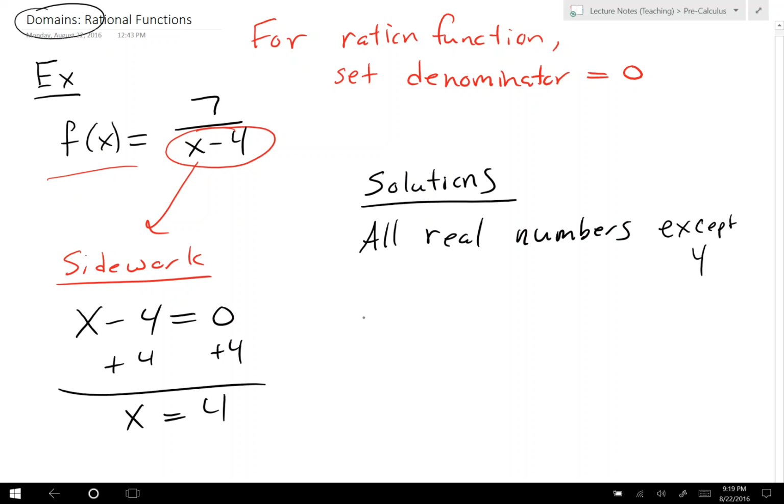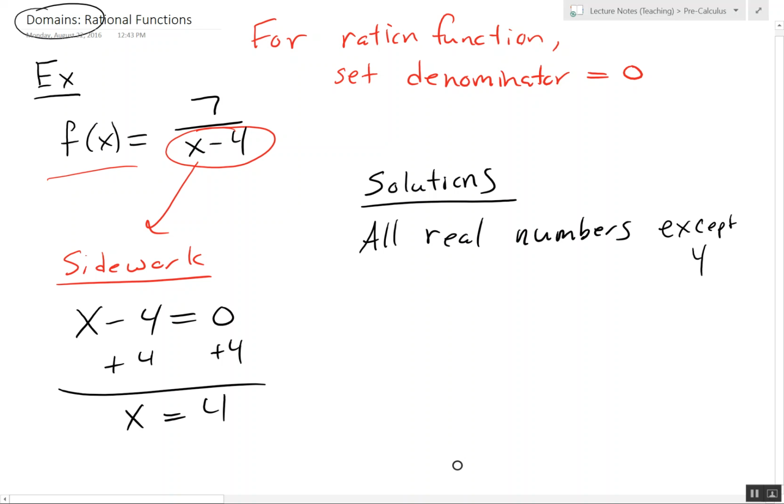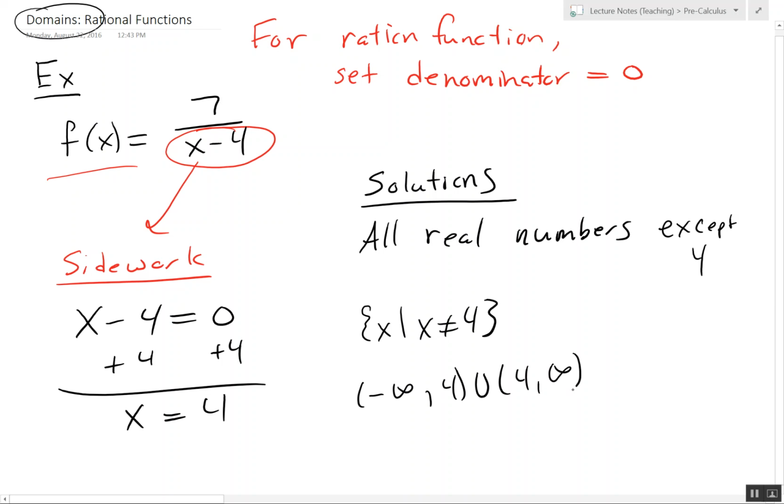Another way to write this, so these are equivalent solutions, is the set of x such that x is not equal to 4. This would be an example of a domain as well. We could even write this in interval notation as negative infinity to 4 union 4 to infinity. These are all acceptable types of solutions for this problem.